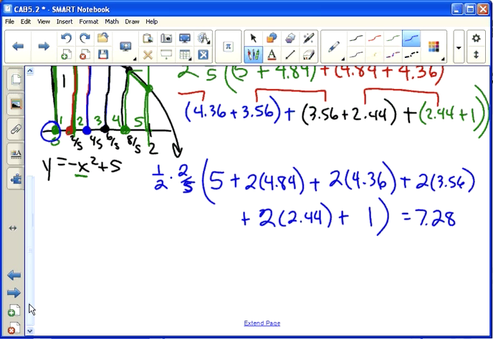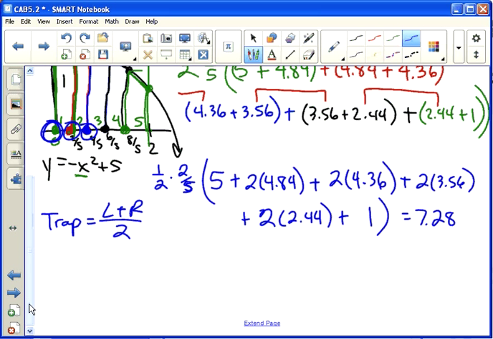So trapezoidal is the same thing as the average of the left and right sum. In fact, if you would prefer to never do the trapezoid this way and to always just find the average of the left and right, you can. But I want to show you why that works out that way. If you go back to our number line here, the left endpoint would be used for the left Riemann sum. So would 2/5, 4/5, 6/5, and 8/5.